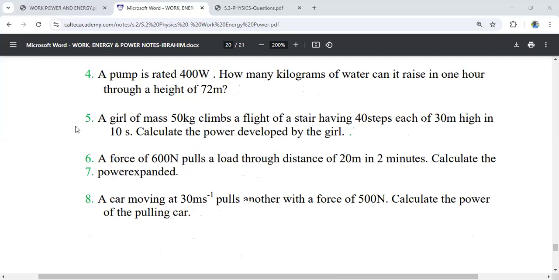Number 4, 5, 6, and 7. Okay, if you are done with the questions, let us try them out in our books.